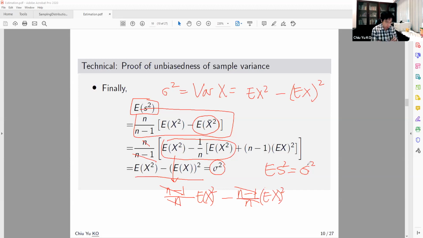Or is there any step you want me to go over again, if I went over too quickly? Okay. In case you don't follow, hopefully you can. But anyway, as we said, this is all the technical proof.